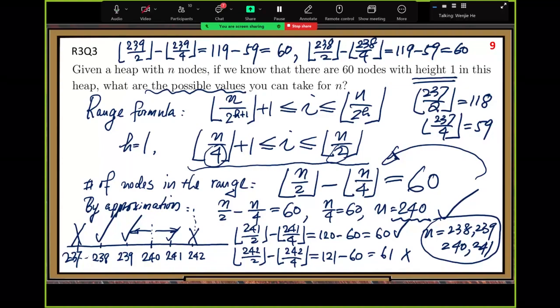Why do we ignore it? Because you do subtraction: 1/2 minus 1/4, so you have 1/4 left.